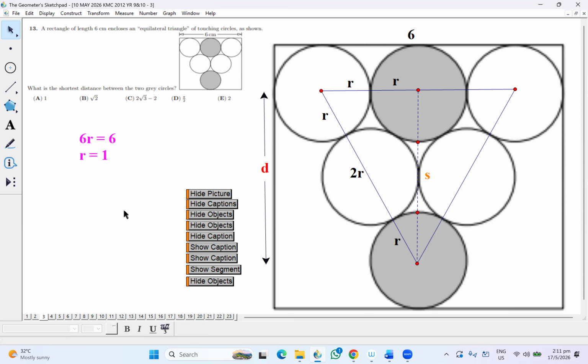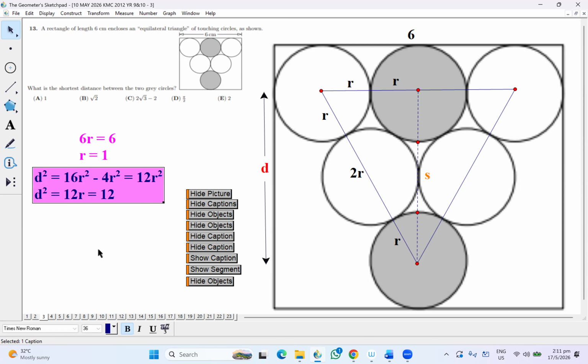So first thing, like I have mentioned, 3 circles, diameters total add up to 3 times 2r, 6r, equal to 1. Then by Pythagoras theorem, this distance d is 16r square minus 4r square, 2r all square is 4r square, so 12r square.